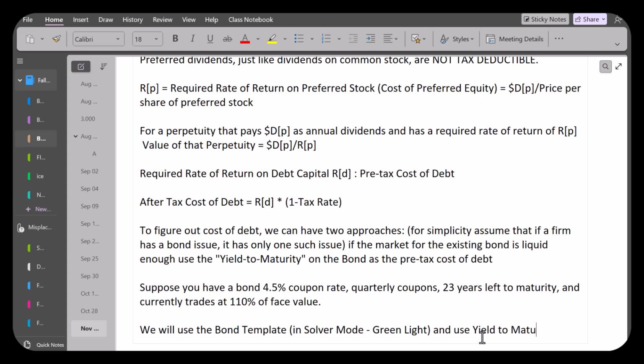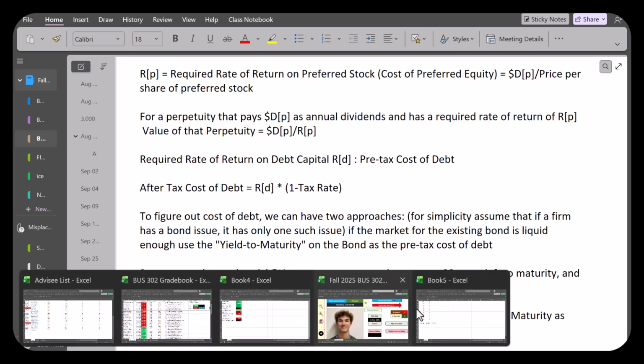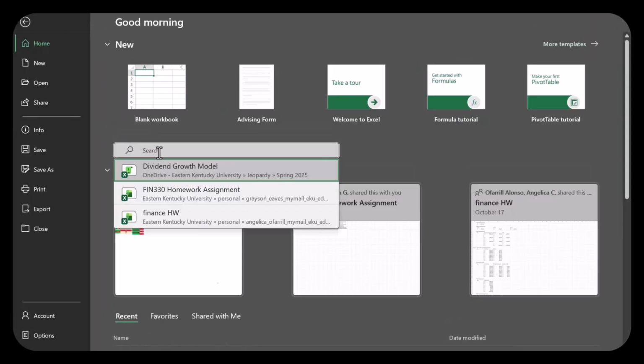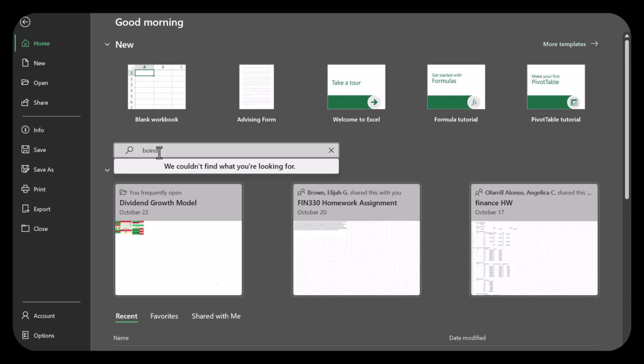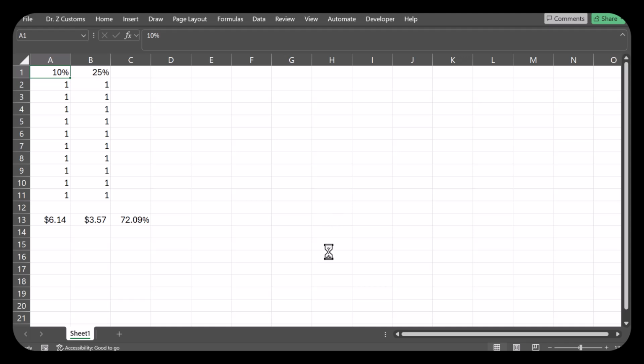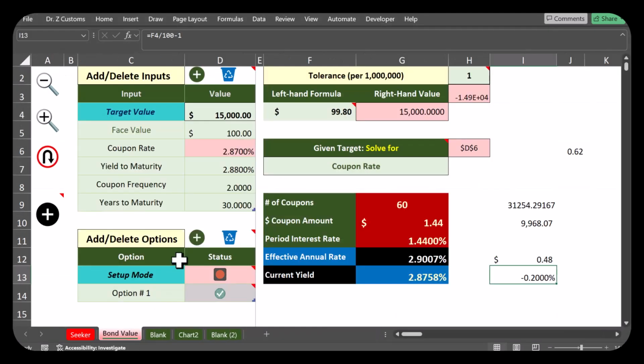Let's go ahead and actually do that. Our bond value template. The face value 2, coupon rate 4.5. I'll leave the yield to maturity as it is.